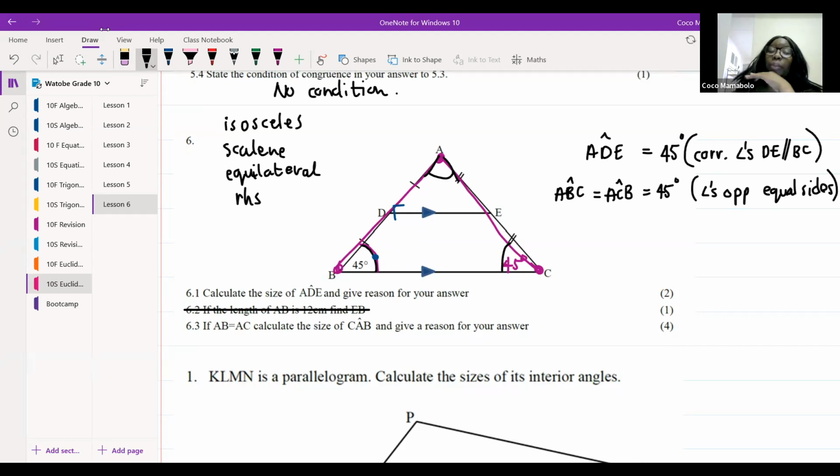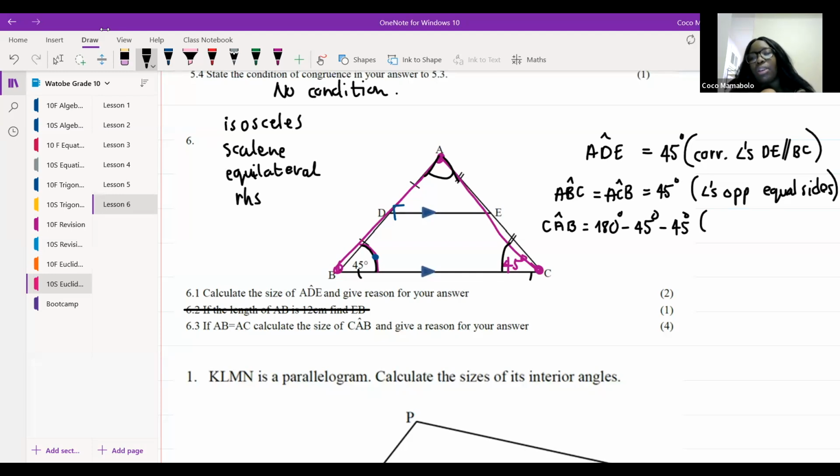Everybody in the chat is already helping you out, by the way. A is equal to 90 degrees. Good. Let's see how we got there. We're saying CAB is equal to 180 minus 45, minus 45 again, because we need to minus this one.